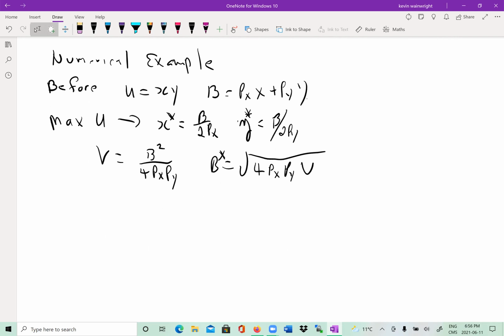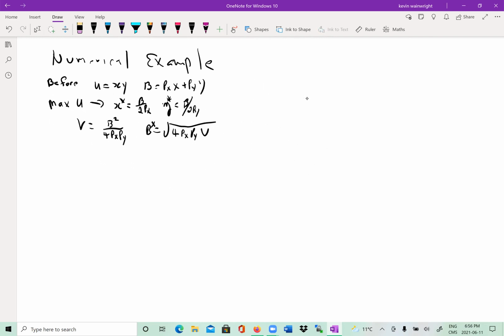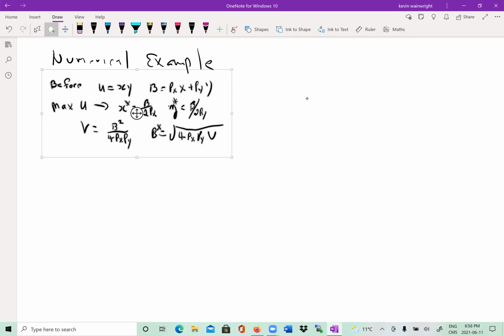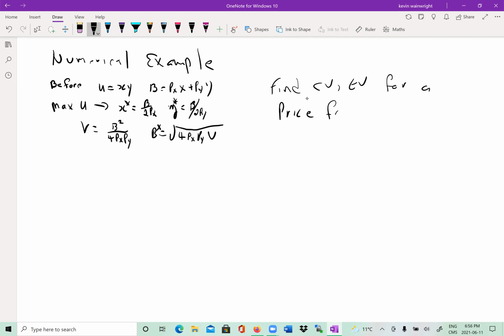Now, we're going to use all of this information to find the CV and EV for a price fall.